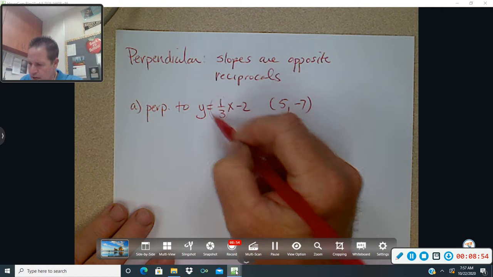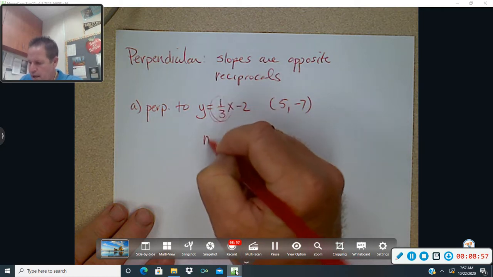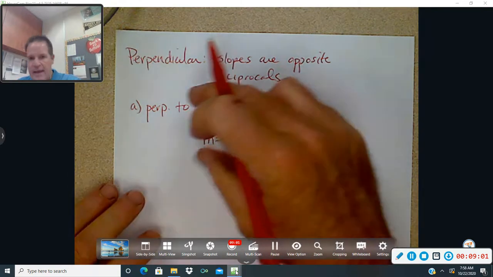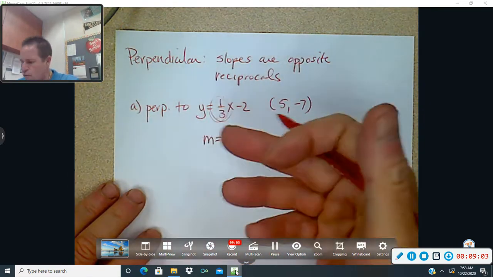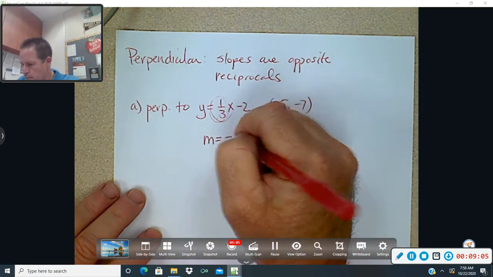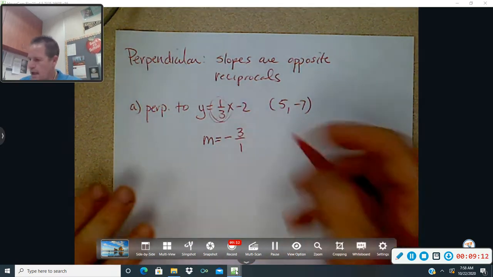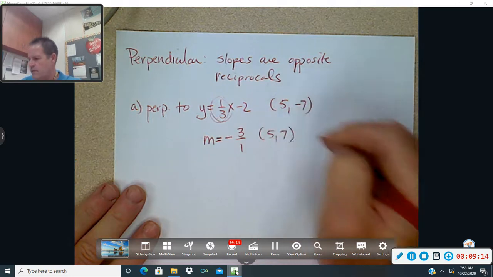So the opposite of my slope here, it's positive, so my opposite is going to be negative. And then I got to flip that fraction over. So it's going to become 3 over 1. You can just say 3, but I wrote 3 over 1. Again, you're going to do the opposite reciprocal. And with your point, 5, negative 7.